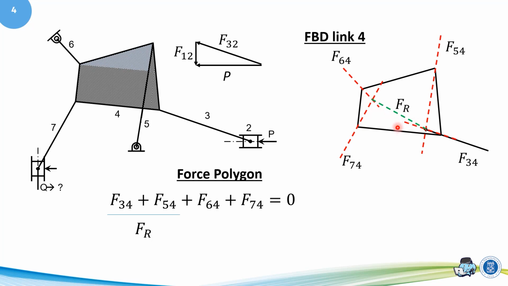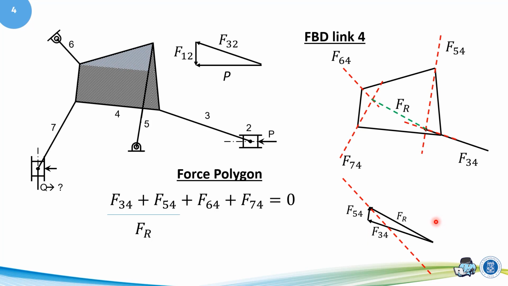Then we can draw the force polygon. First we draw F34, and then we draw the direction of F54 and Fr. From here we can determine the vector F54 and the vector Fr. Next we continue again.